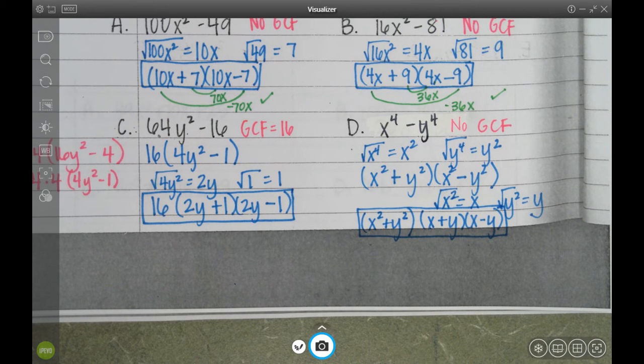That might be a really good problem to know how to do at some point in the future. Just throwing that one out there. There's a non-hint hint.